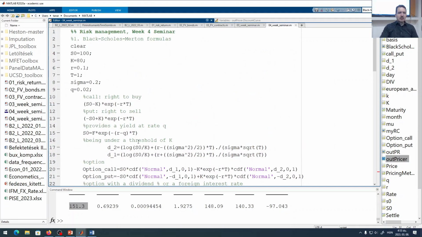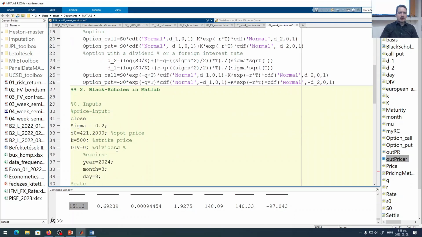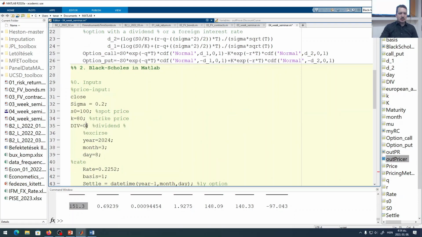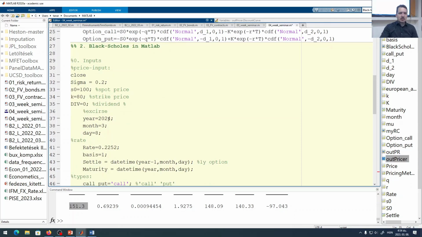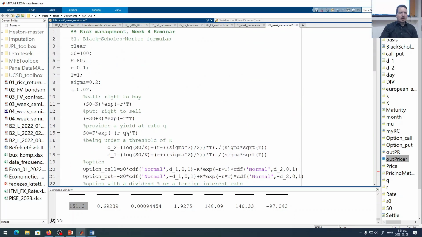Sigma 0.2, S0 100. Strike price was 80. Dividend right now is 0. We have a 1 year option. Rate.